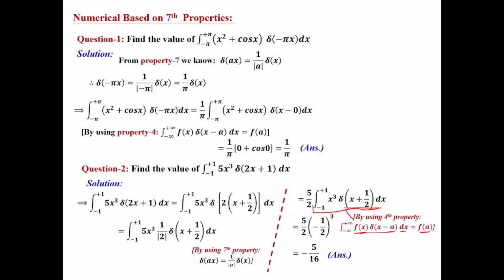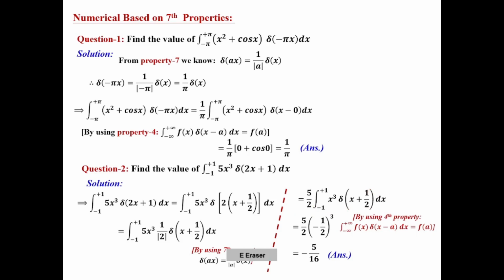By comparing these two integrals, f(x) is x cube, and the value of a is minus 1 by 2, because this can be written as delta of x minus of minus 1 by 2. So a is minus 1 by 2. The answer will be f of minus 1 by 2, where f(x) is x cube, so it will be minus 1 by 2 whole cube.